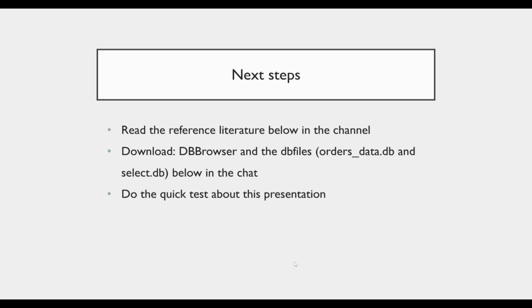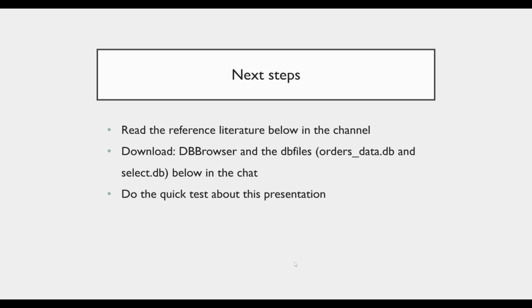You will need to download a program called DB Browser, which is a user interface just for being able to visualize the data and check and write some queries so that we can customize how we manage the data. And you will have a couple of files which you can open in DB Browser.